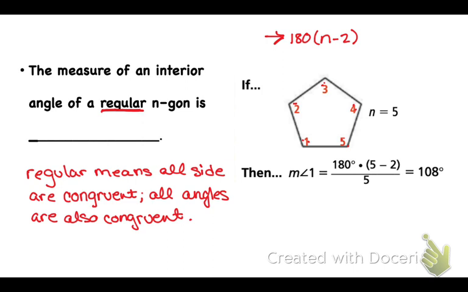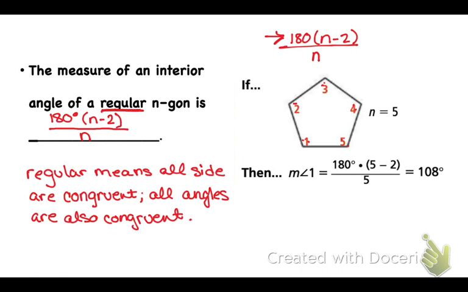Divide. In general I would divide by what? Just n, because n's the number of sides, right? So our formula is 180 degrees times n minus 2, because that gives me the sum of all of them, and then we're going to divide by n, which is the number of sides.